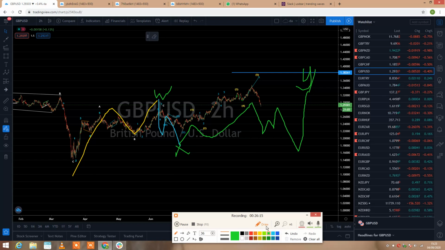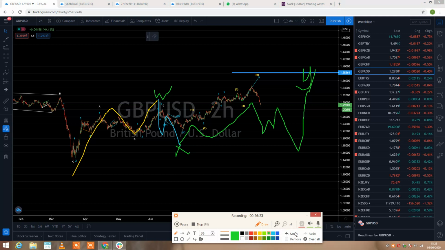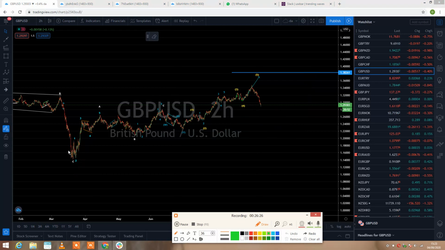It did not go to wave 5 as I projected, which is fine. So on the pound pairs, since we have a 5-wave move here, and it was pushing like this, it pulled back like this, and it started to do the other 5-wave move like this.